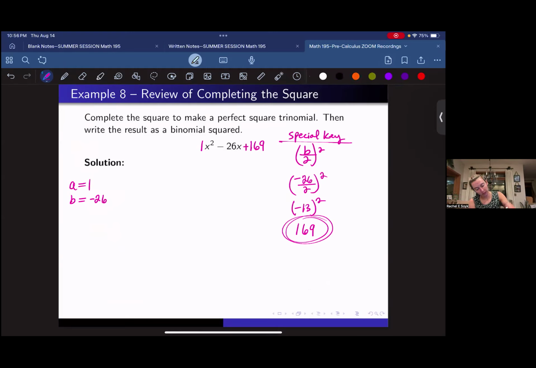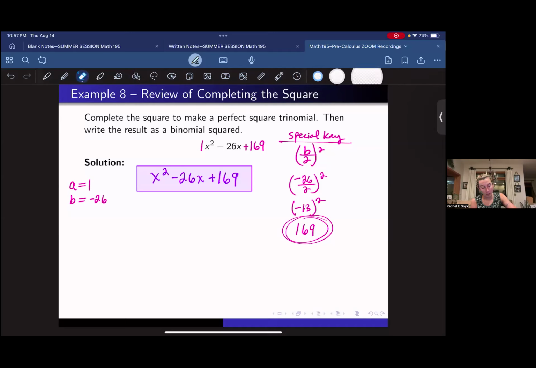So now we have it. We have our x squared minus 26x plus 169. That was the first part. Now the second part is we want to write this as a binomial squared, aka we just want to factor it. And we use our special key once again. It's just we use what's inside our parentheses after it's simplified.